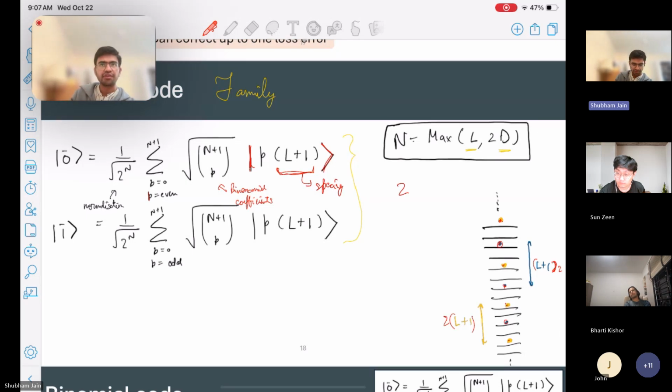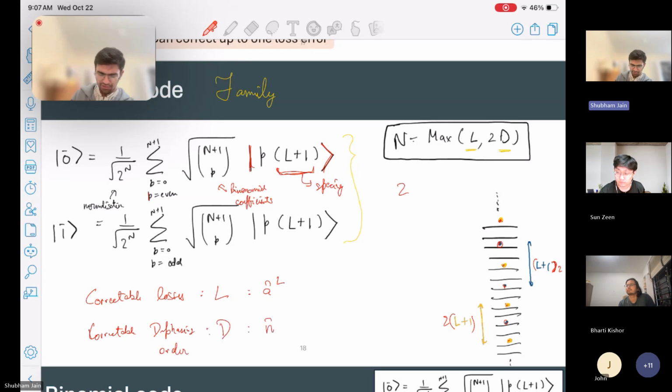And the claim is that this code can correct up to L loss errors, so up to operators of this form, and the correctable dephasing order is D. So it can correct up to this dephasing also.